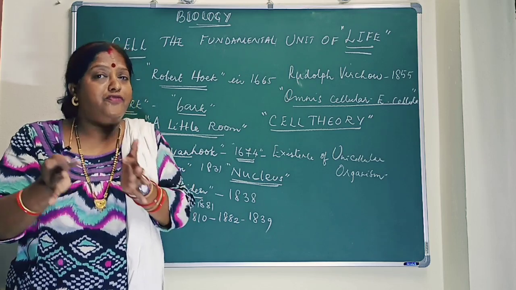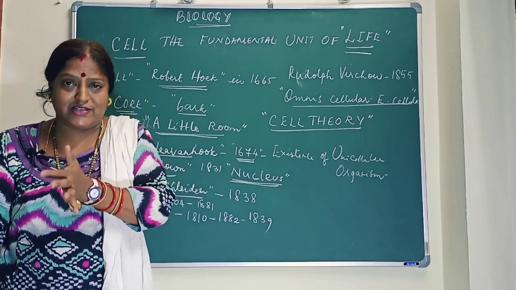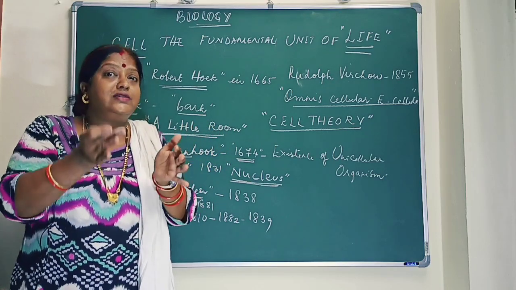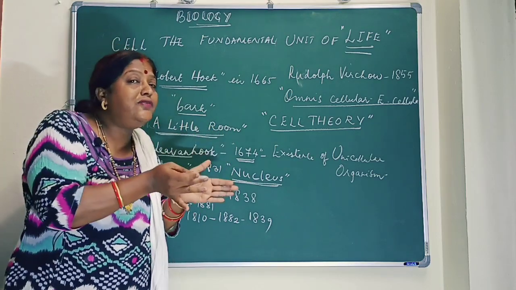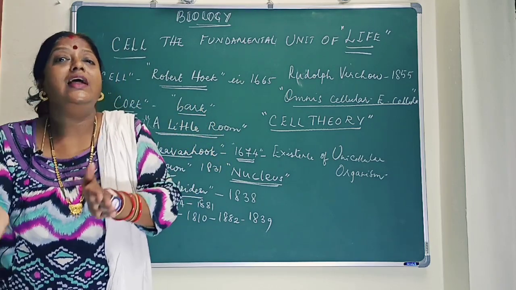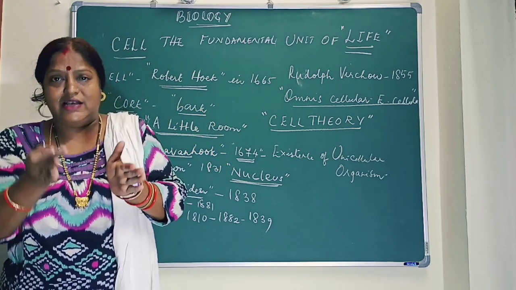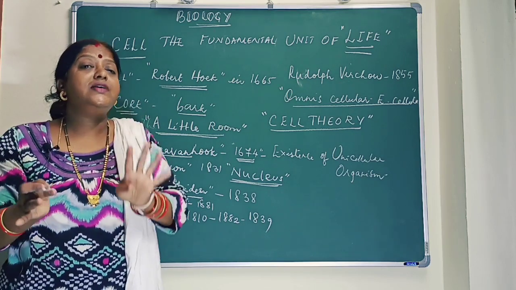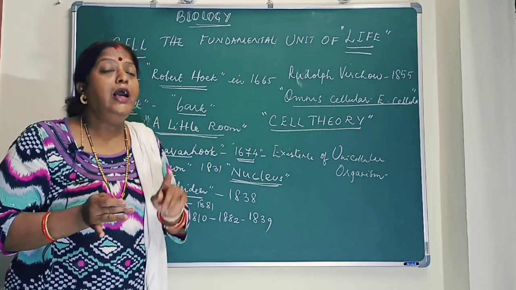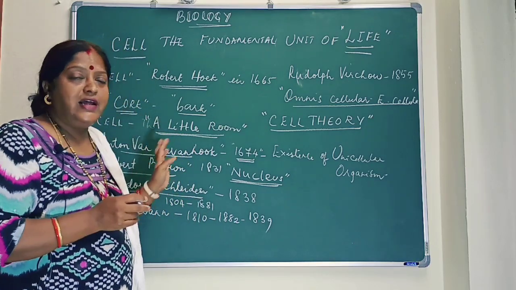These organs are made up of tissues, which are made up of cells. When they interact with each other, then only the function will be carried out, and the function of the organism depends on the structure and function of different cells and tissues. Okay, so these are the 4 rules of the modern form of cell theory put forward by Schleiden and Schwann.